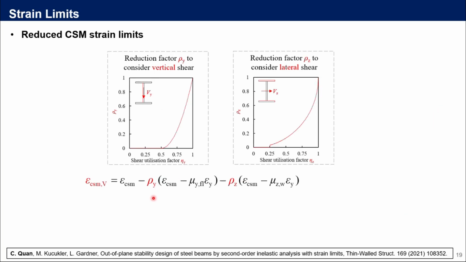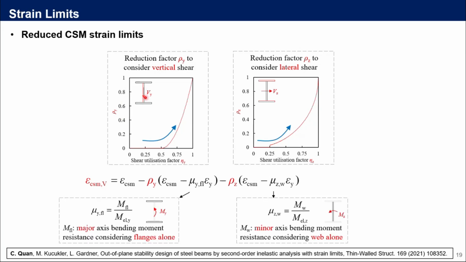So the underlying mechanism behind this equation is, with increasing shear utilization ratios, the reduction factor rho will increase from 0 to 1. Then the CSM strain limit will progressively reduce until finally the shear area is fully utilized by shear, but the remaining area within the cross-section still can provide bending resistance.